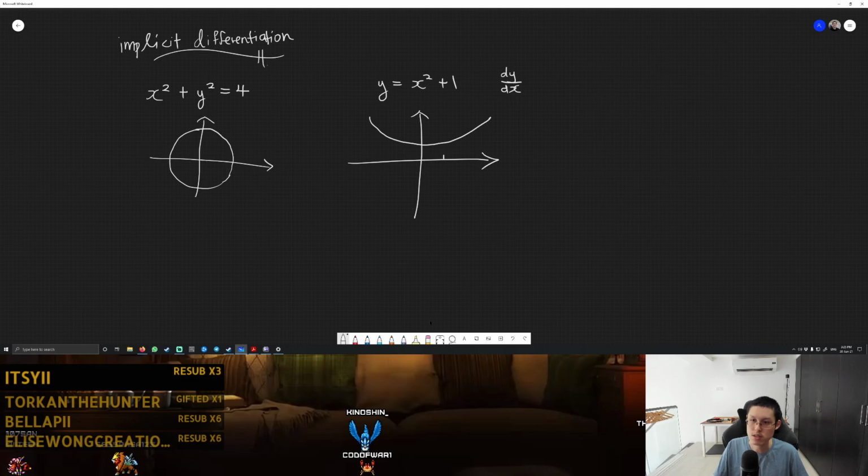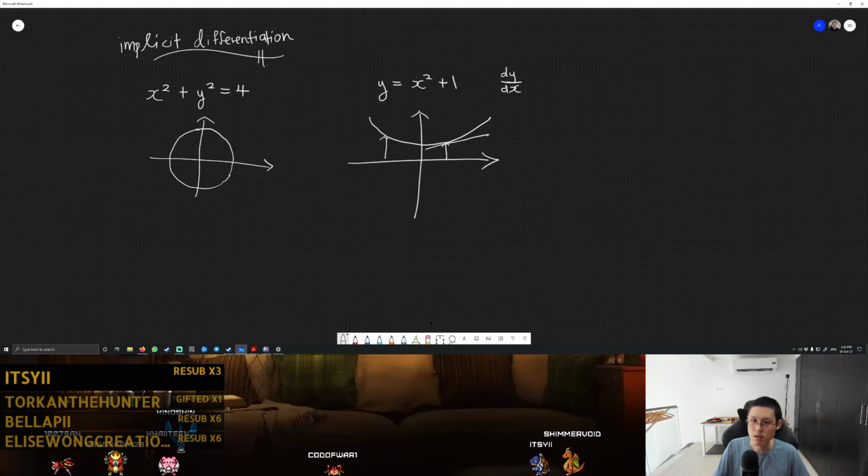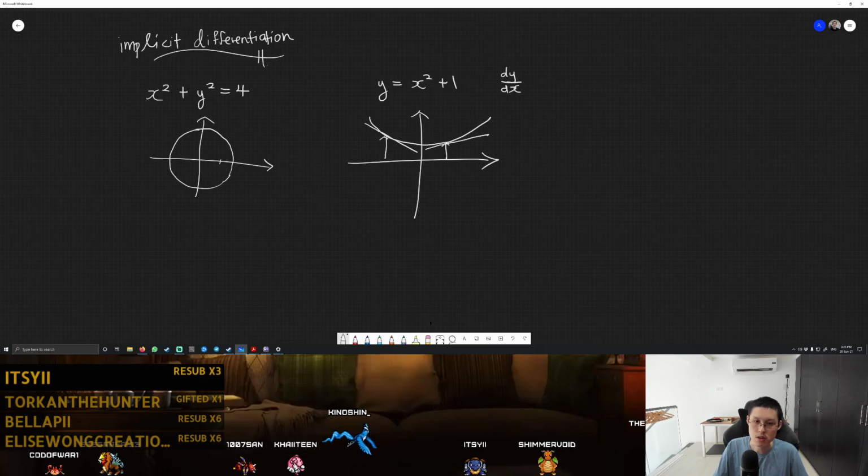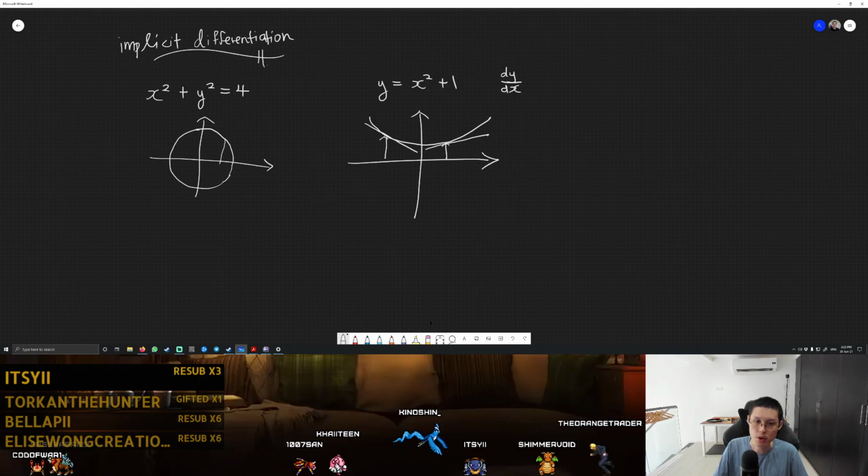So if I say x is here, I'll get this gradient. If my x is over here, I'll get this gradient, right? However, for the circle, if I say I'm going to pick this x coordinate, I actually have 2 points.